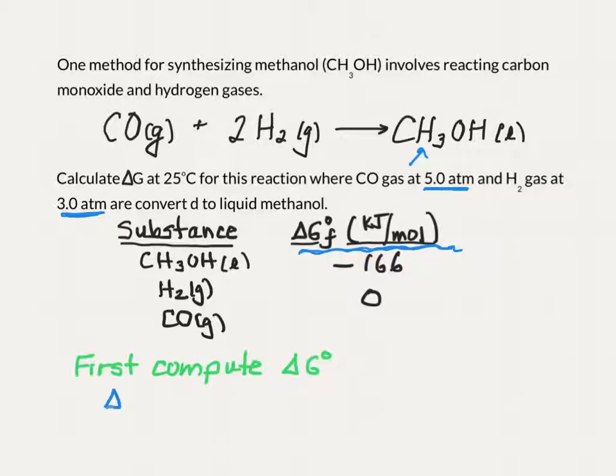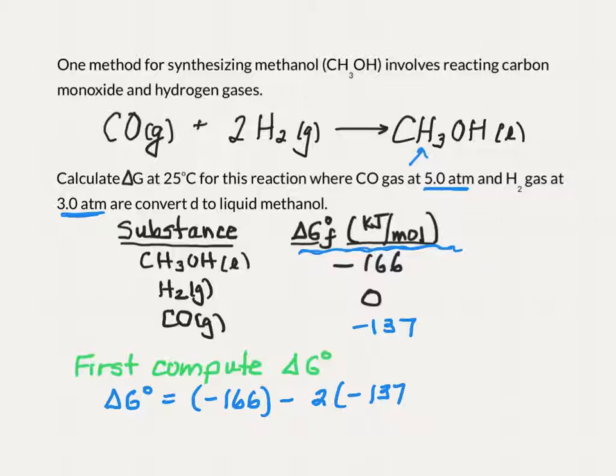So delta G0 is our product methanol, so minus 166. Sorry, I forgot to stick this in the table before. This is minus 137 here. Minus the CO, which is, minus 2 times minus 137.